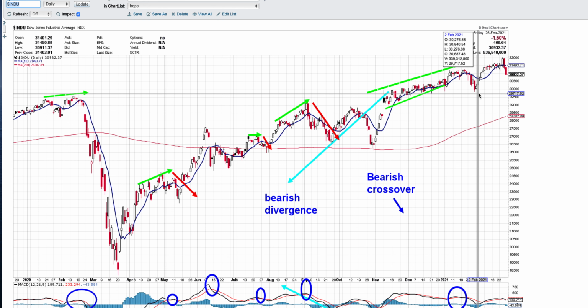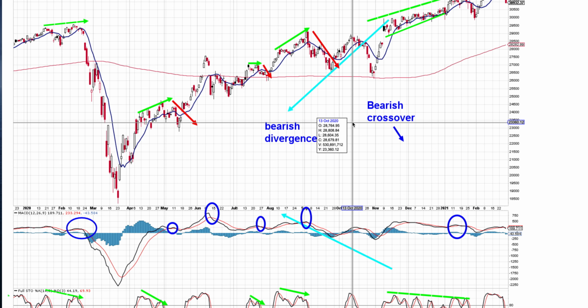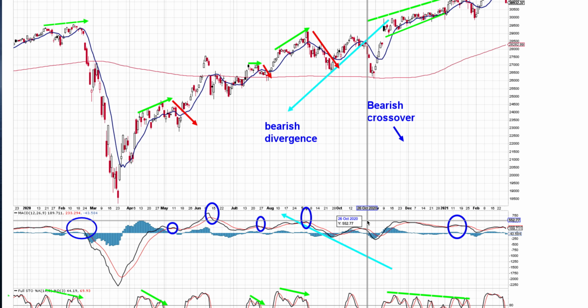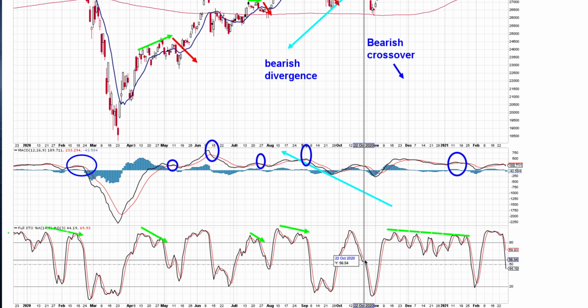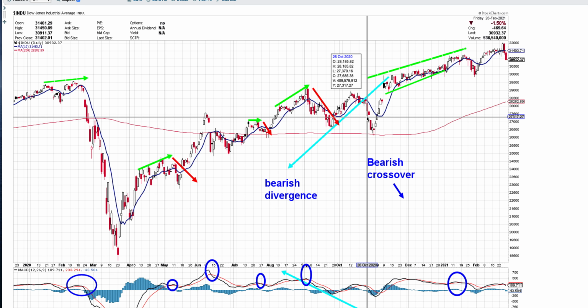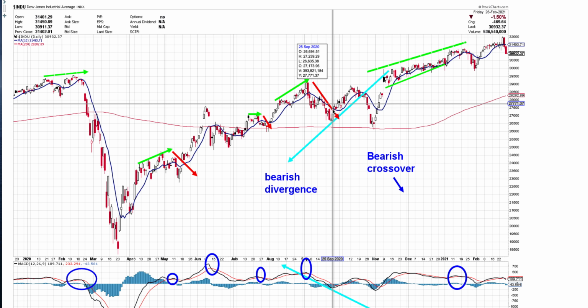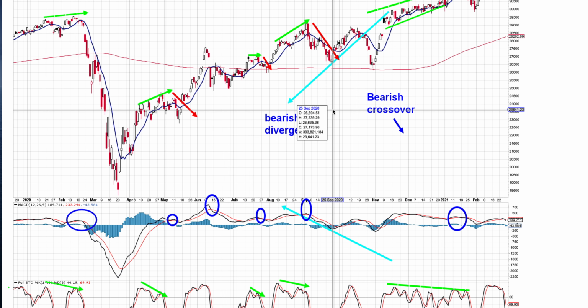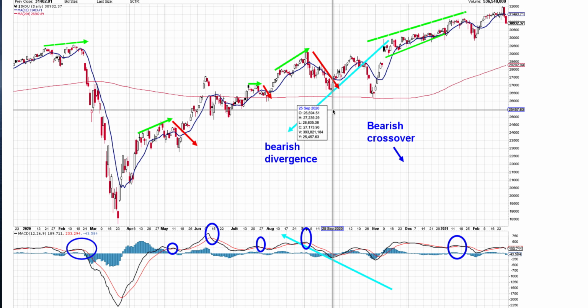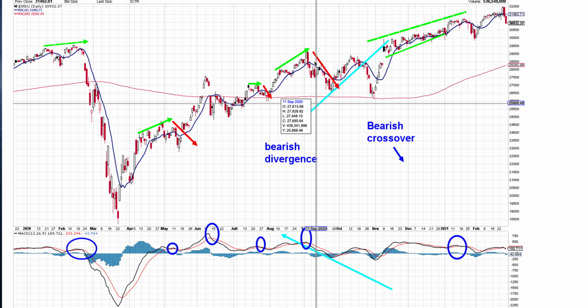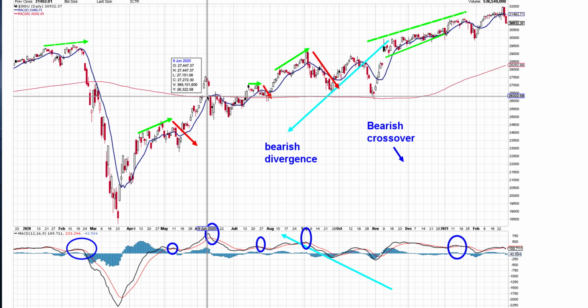It was obvious here. Before that, there was a bearish crossover that came with a bearish crossover in the stochastic, and this is what happened. You can pause and look. So: bearish divergence, then bearish crossover, then price retracement.